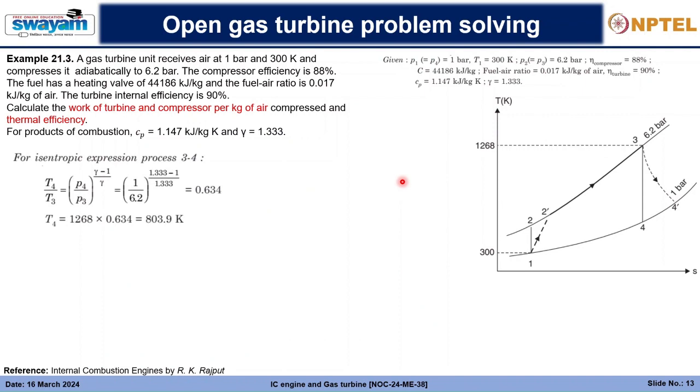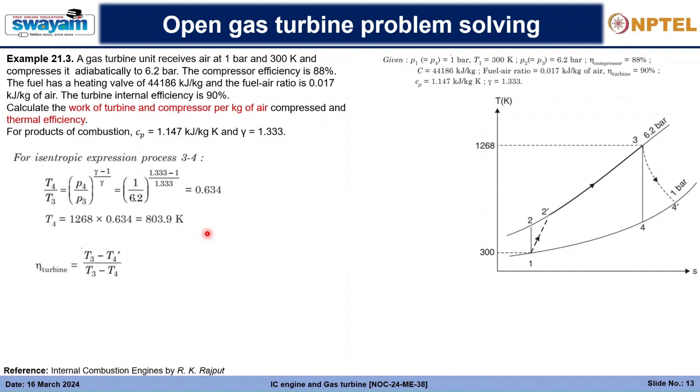Next, we will again consider the isentropic process 3 to 4, and we will find the value of T4 that is unknown. Since we got T3, we will find the value of T4, that will be equal to 803.9 Kelvin.